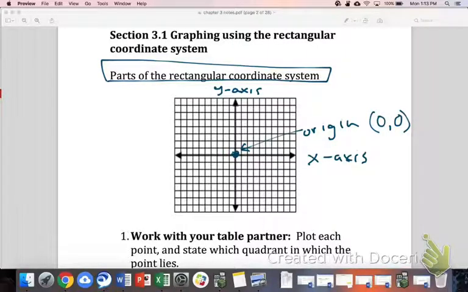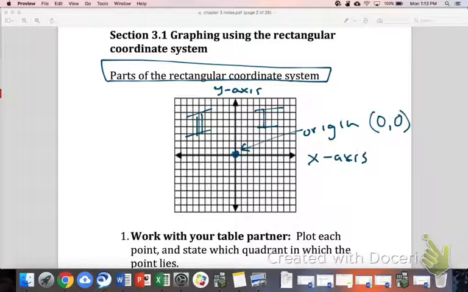Since we've got a y-axis and an x-axis, can you see how those two axes divide the whole graph into 4 parts? We call those 4 parts quadrants. The upper right-hand one is labeled quadrant 1, usually with a Roman numeral I. Then we go counterclockwise, so the upper left is Roman numeral II, the second quadrant.